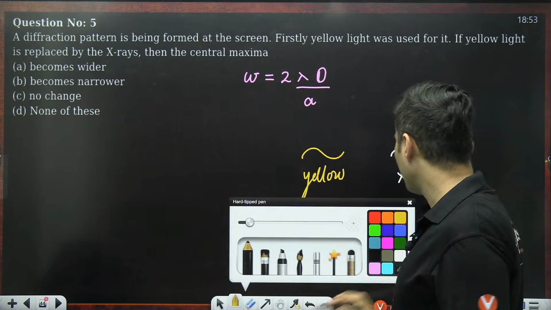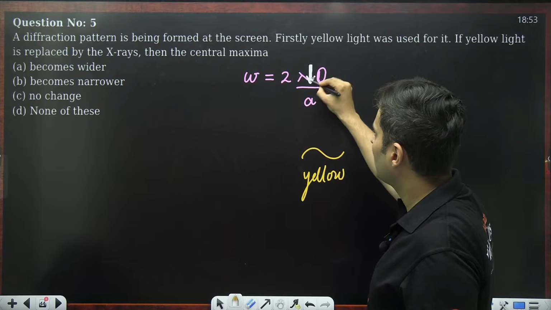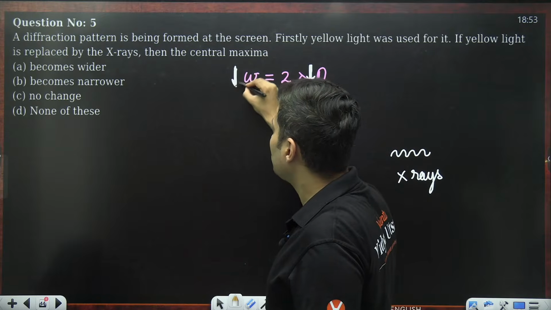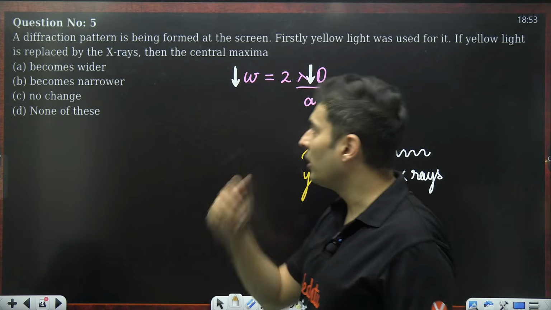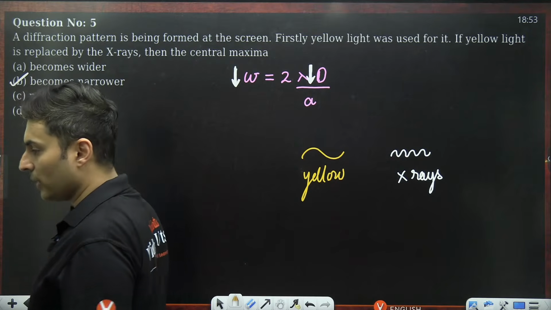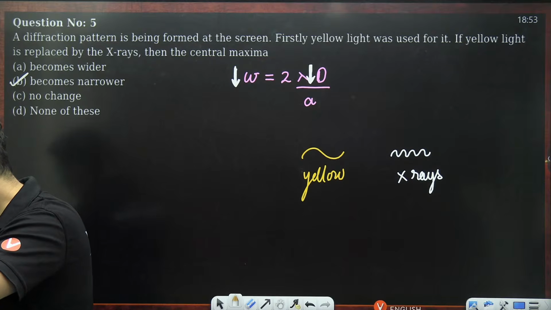So when you are using X-rays, the wavelength is reducing drastically. So the width on the screen of the central maxima will also become smaller, becomes narrower. The answer is it becomes narrower. Option B. Correct.